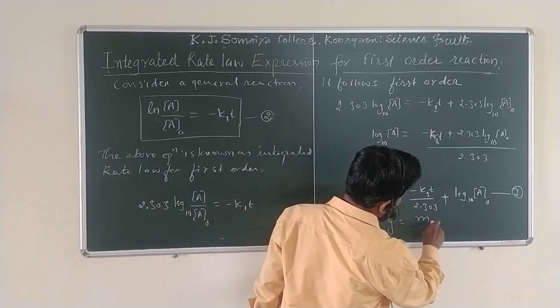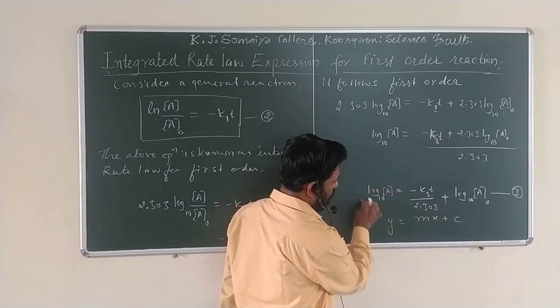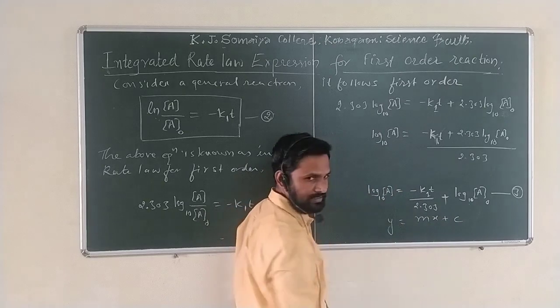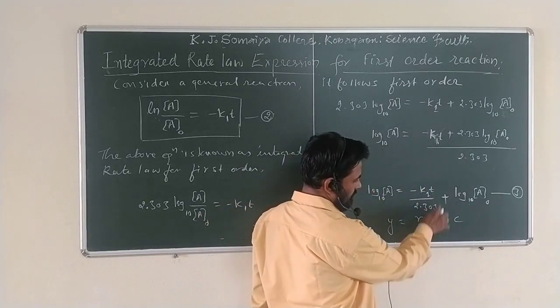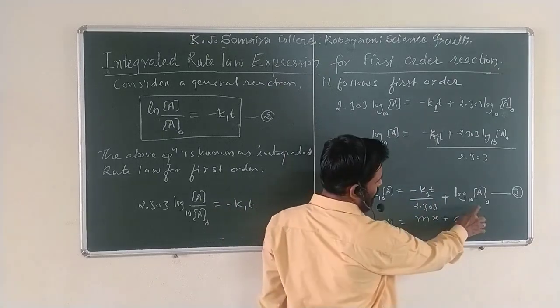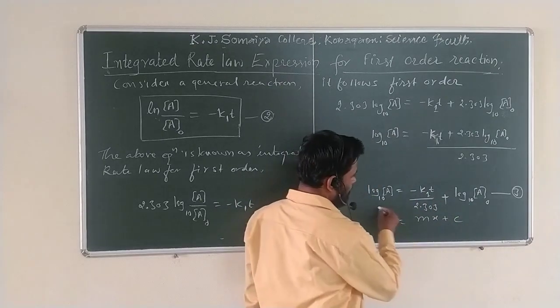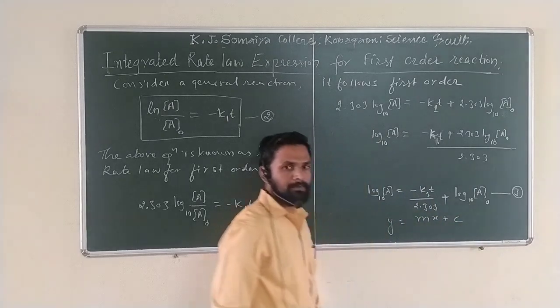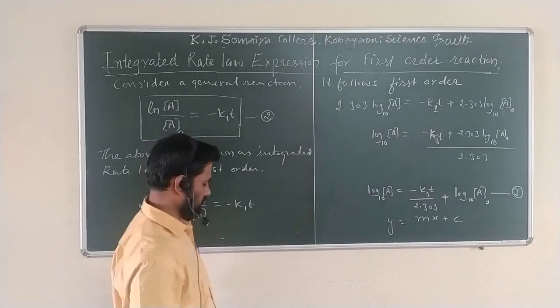If we plot log10 of concentration of A on the y axis and time on the x axis, the slope is minus K1 upon 2.303, and the y intercept is log10 A0. So equation number 3 helps in representing the graph of the first order reaction.